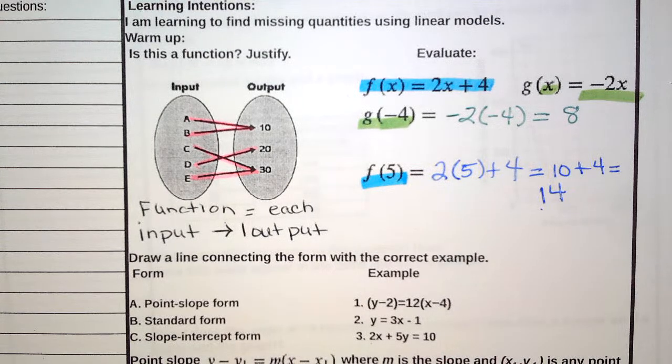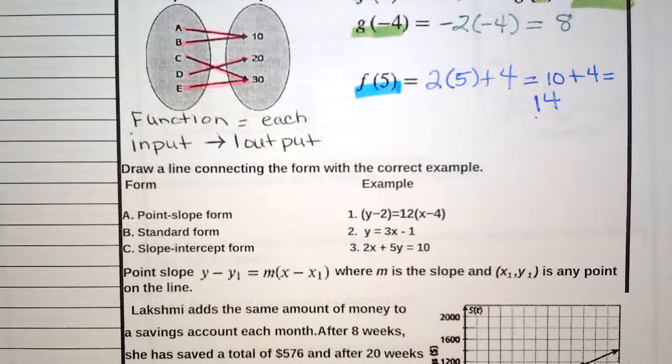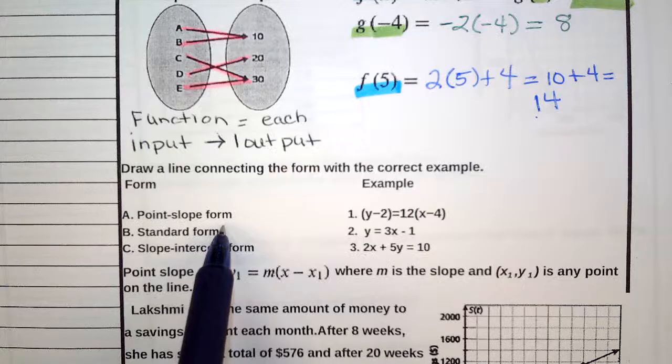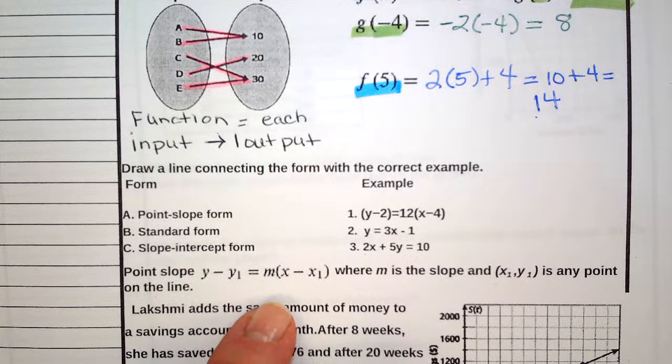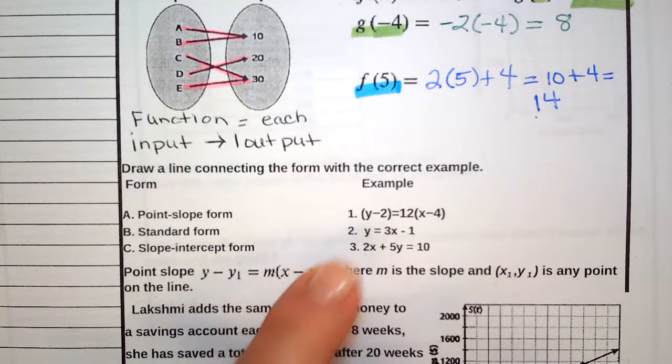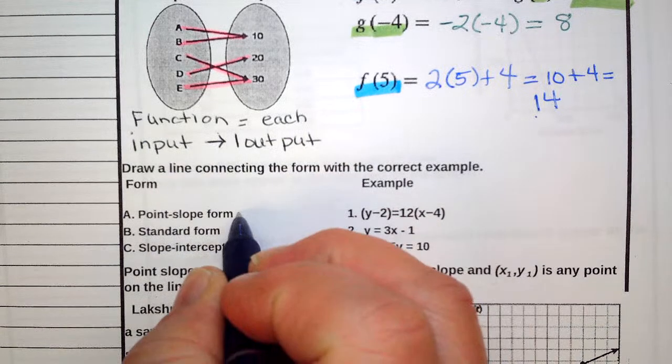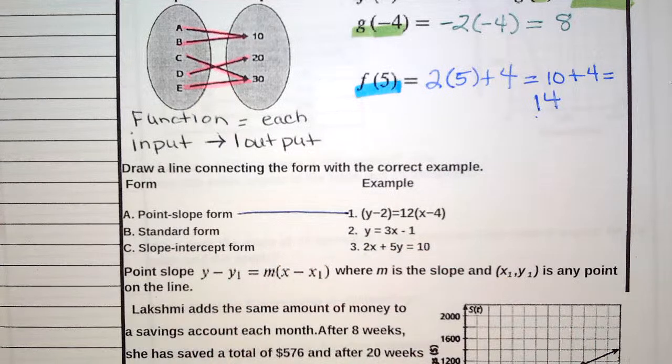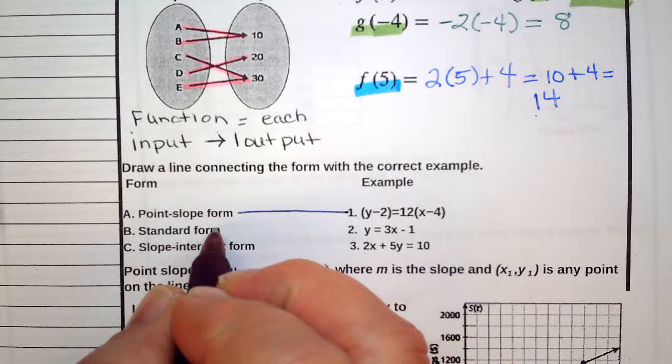For my last warm-up question, I'm going to draw a line to the correct example. So if I'm looking at the point-slope form, I've got it right down here. It's number 1. What about the standard form? The standard form is that form ax plus by equals c.